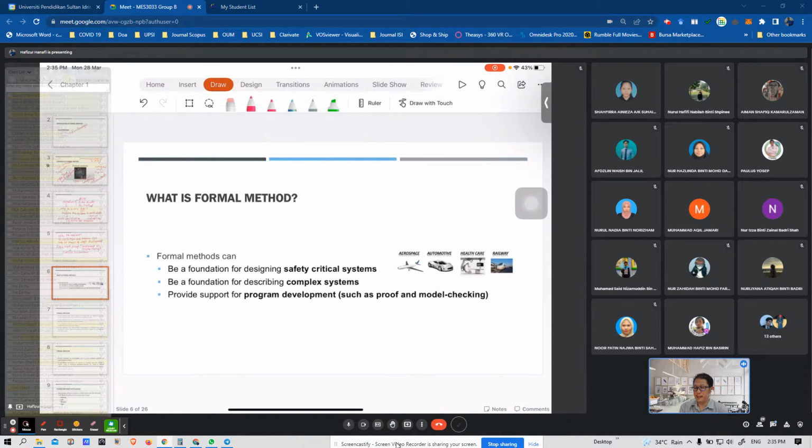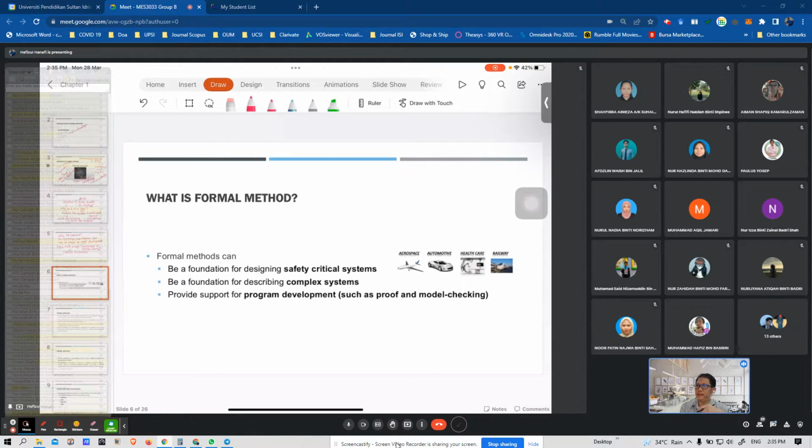Complex system ni yang kompleks lah, a system whose behavior is difficult to model. For example, we have modern energy and telecommunication infrastructure yang very complex lah. Contohnya kalau kita nak tengok, if you want to see the NASA rocket system, it is very complex. Okay, complex system, and then formal method can be a foundation for the complex system.